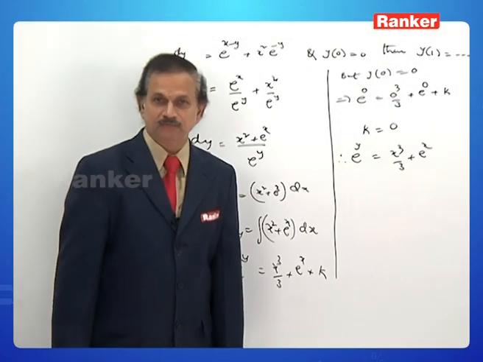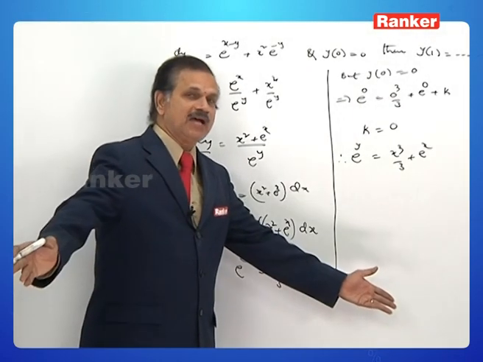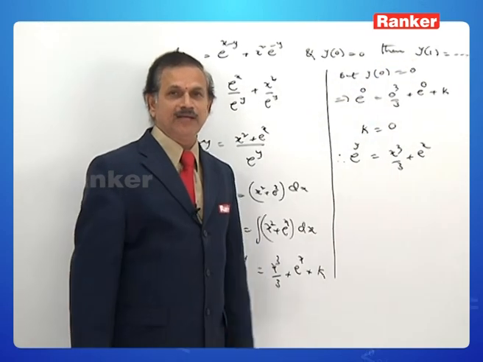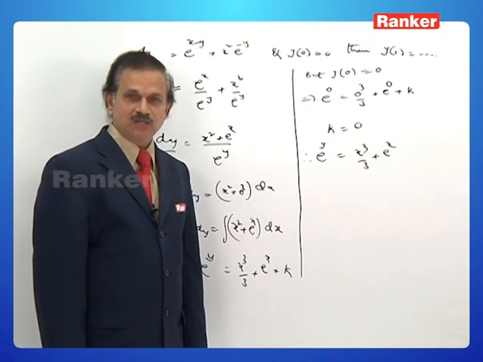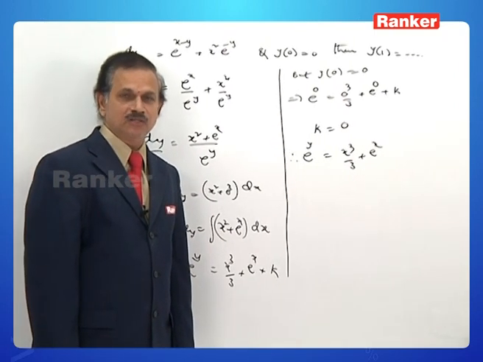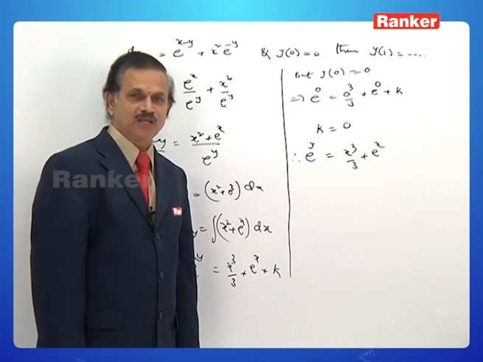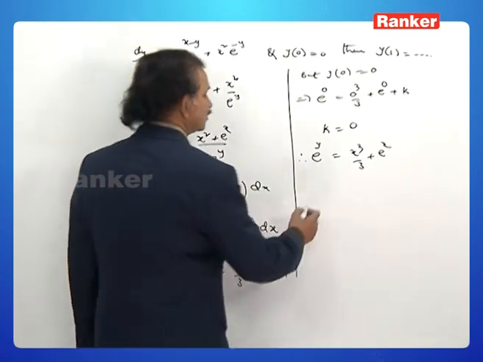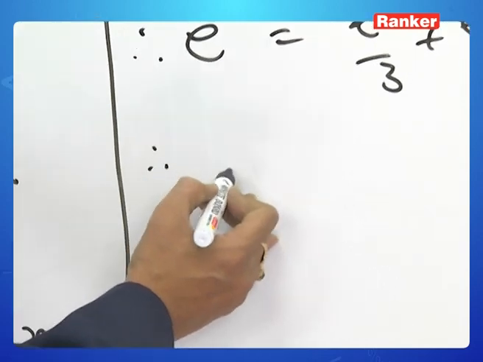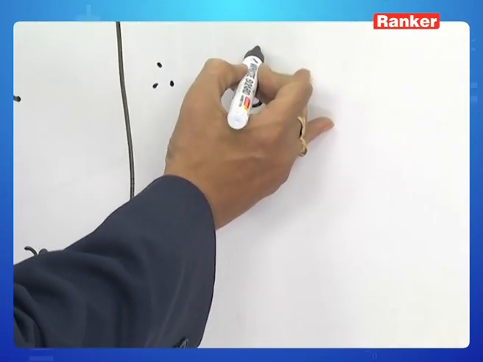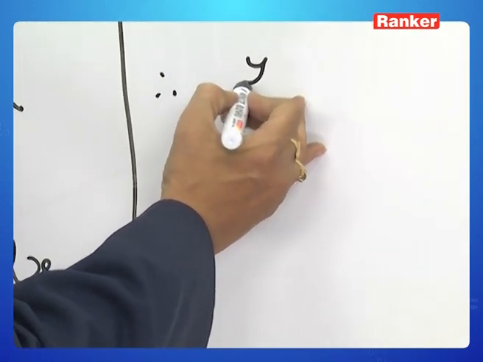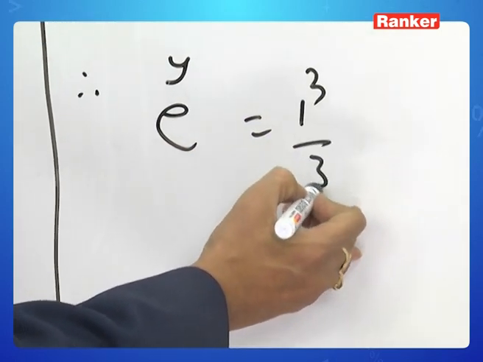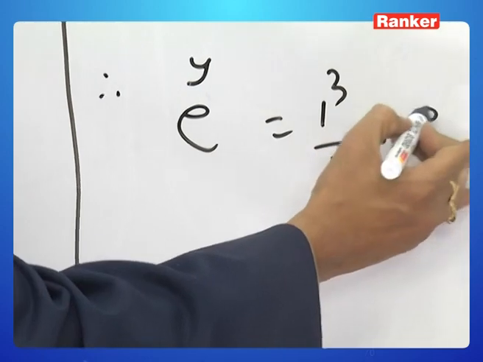We are not just supposed to have y, we want y at 1. That is, after getting the solution, you are supposed to take 1 in the place of x. Therefore, e power y is equal to 1 cube by 3 plus e power 1.